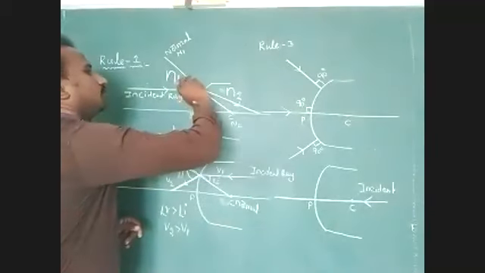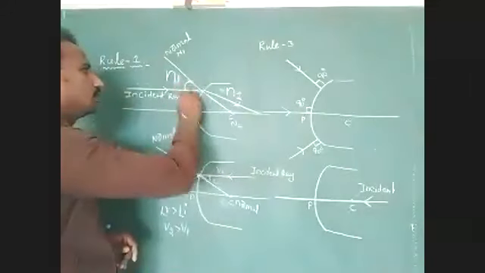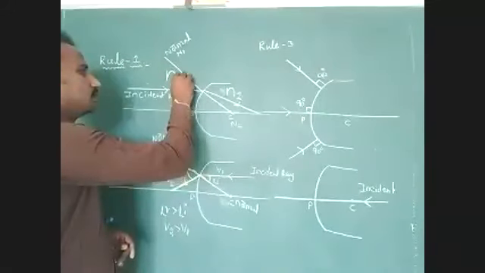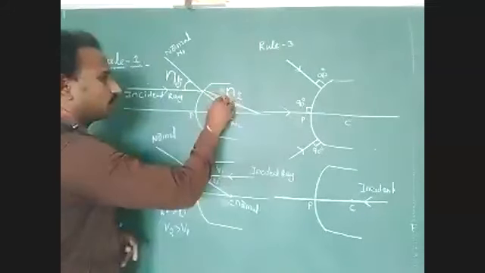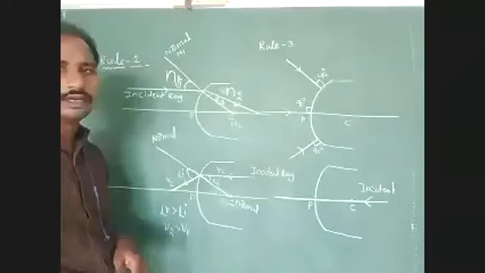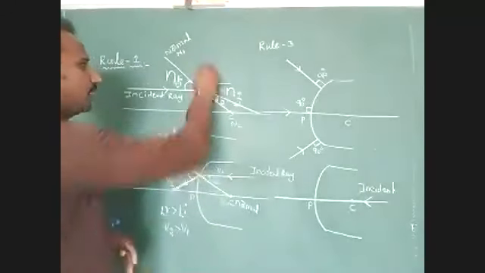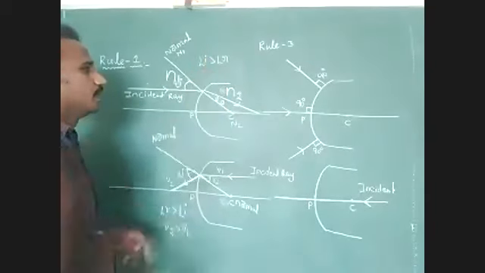The angle of incidence is measured between the incident ray and the normal, angle I. The angle of refraction is measured with respect to the normal, angle R. Here angle I is greater than angle R.